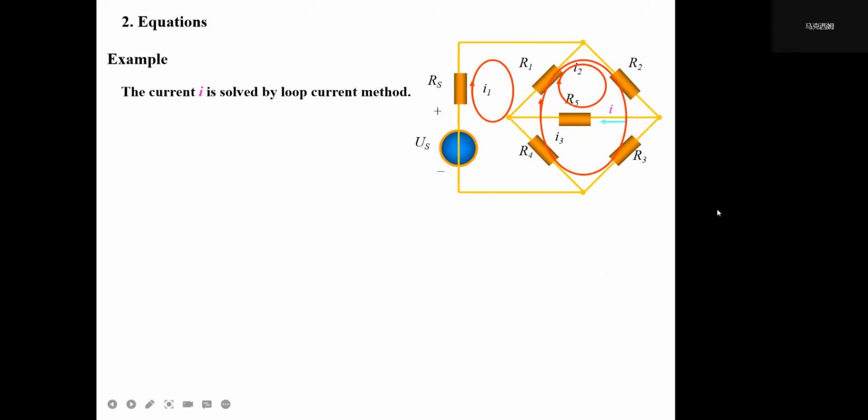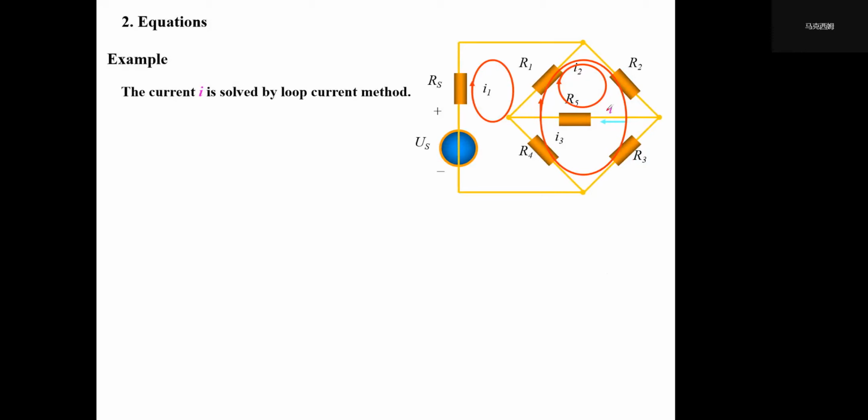See, this time we don't select the meshes to list the equations. Here we list the loop currents.